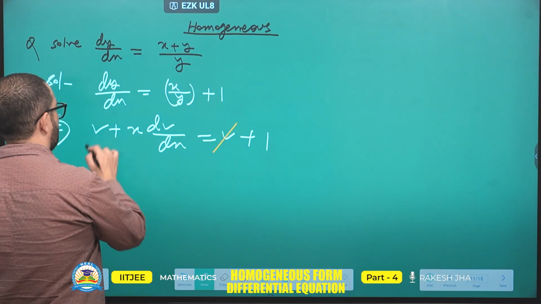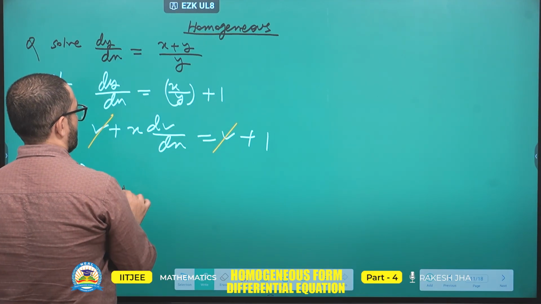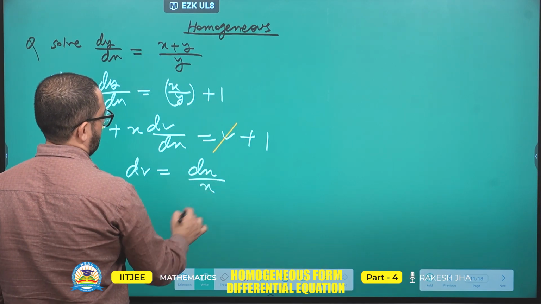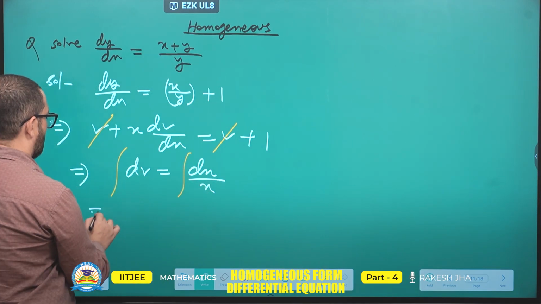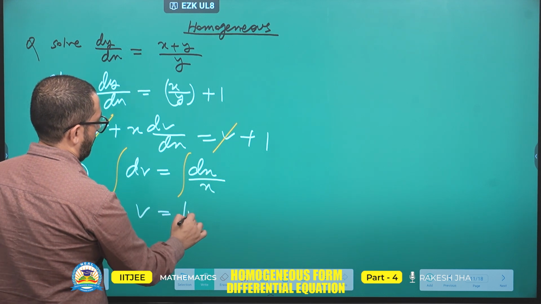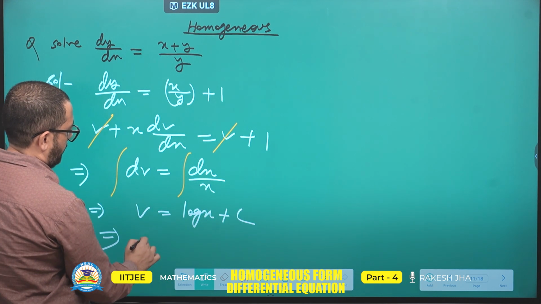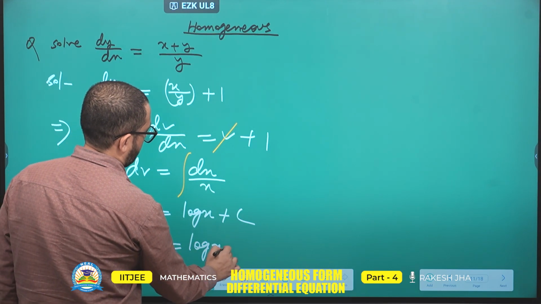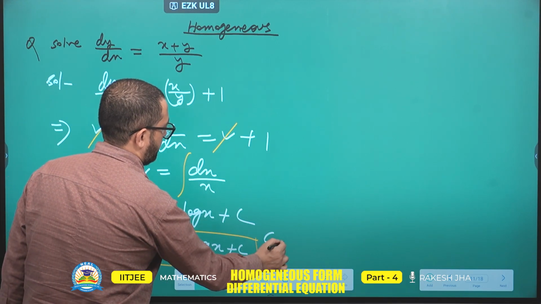Now we can cancel both sides. So here dv will be equal to dx upon x, and now we will integrate. So v is equal to log x plus c. So v is nothing but y by x. So y by x is equal to log x plus c. So this is again the general solution of the given differential equation.